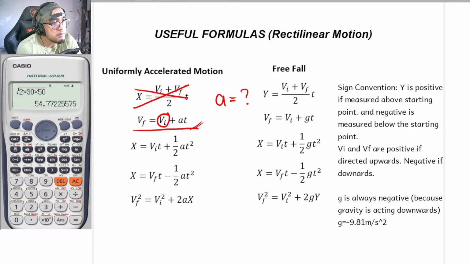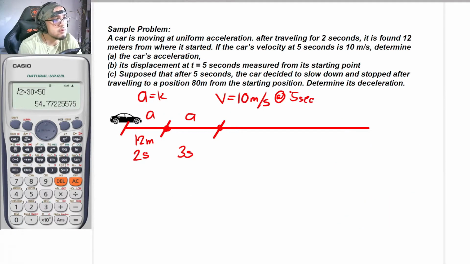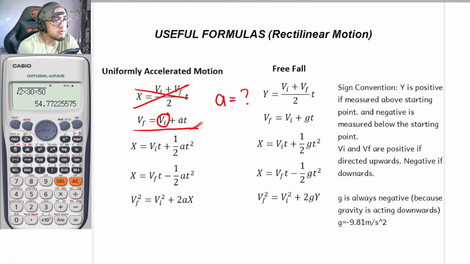In the problem, it is said that the car is moving at a uniform acceleration and it is not starting from rest. If it did not start from rest, the initial velocity is not equal to 0. So take note of that. With that, we cannot make use of this.